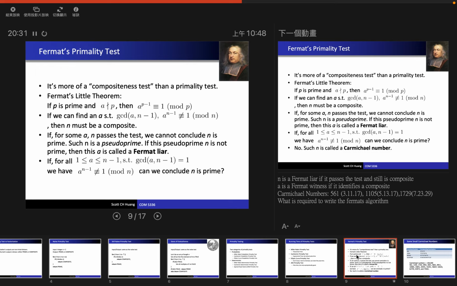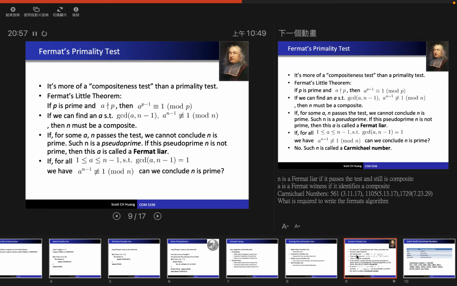So we substitute this n with p. That means the condition becomes: if a is in Zp star. This condition is equivalent to a does not divide p, because if a is in Zp star, the only things a can't be are 0 or the multiples of p.